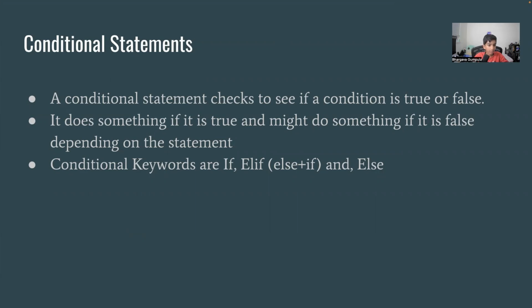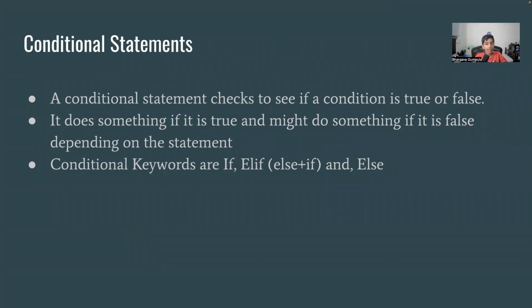If it's true, you can choose to do something. But if it's false, you might be able to do something depending on the type of if conditional statement you're using.